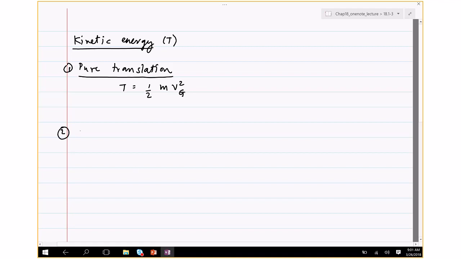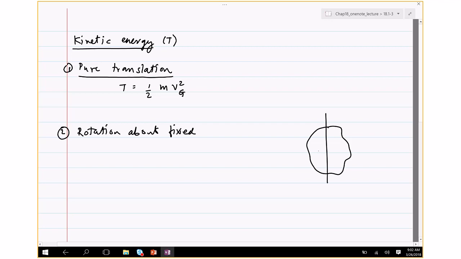The second case is rotation about a fixed axis. So this is sort of mirroring the things we talked about two chapters back, on rigid body kinetics, right? There was rotation about a fixed axis.